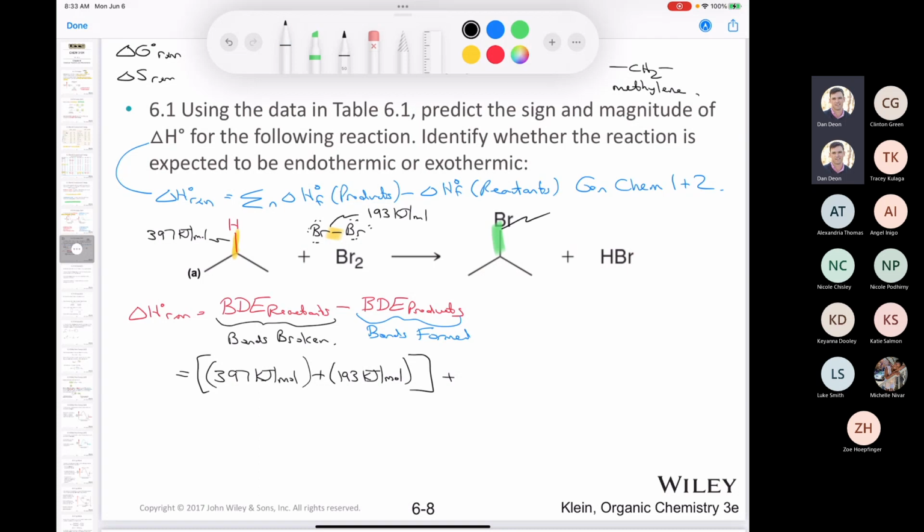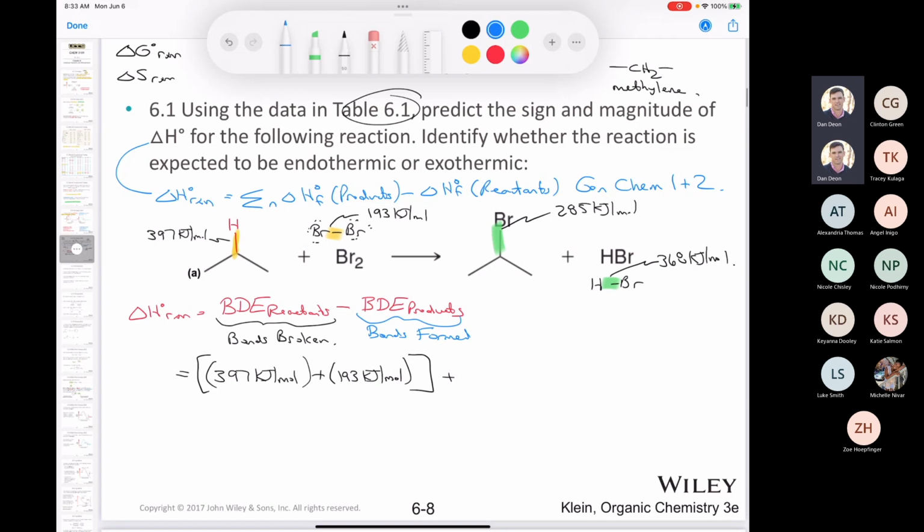And I looked up that one. It's 285, so 285 kilojoules per mole. And then the amount of energy for the HBr bond, which I also looked up, it's 368. So 368 kilojoules per mole. And again, these values all come from table 6.1. I just didn't put the entire table in the slides.